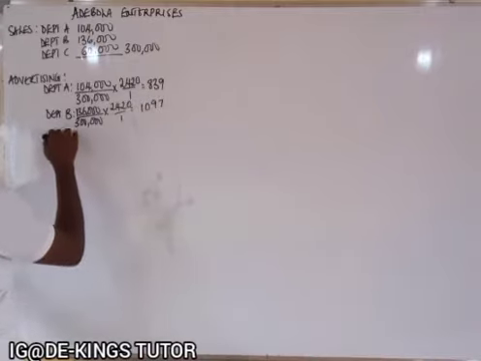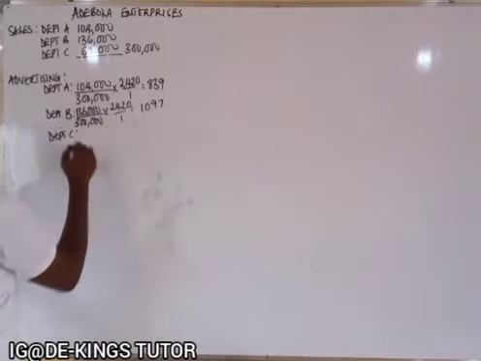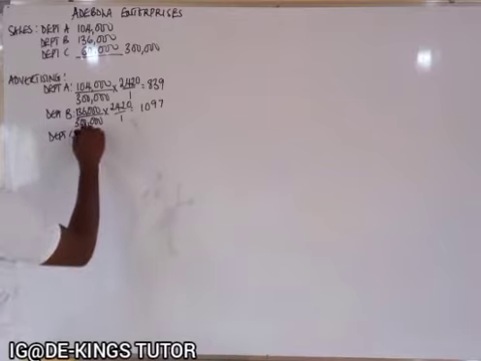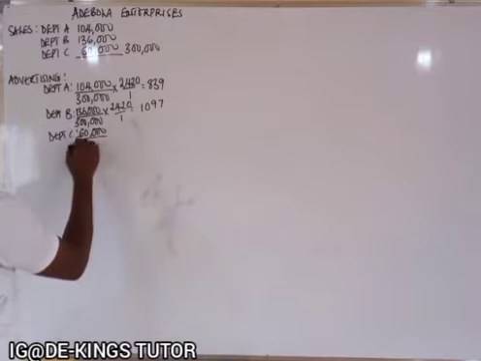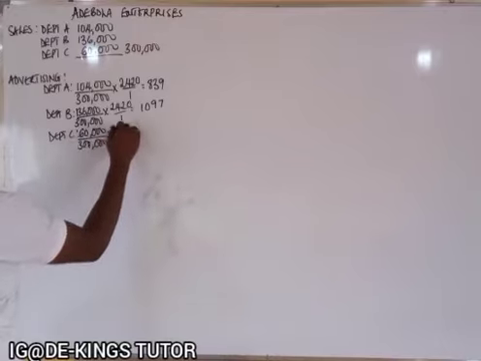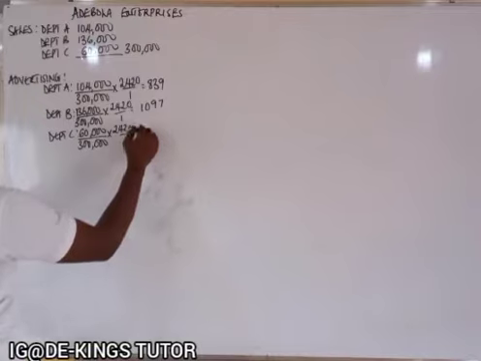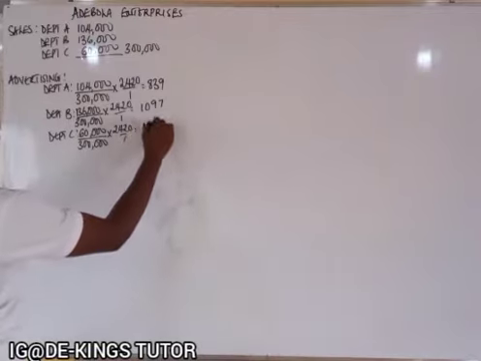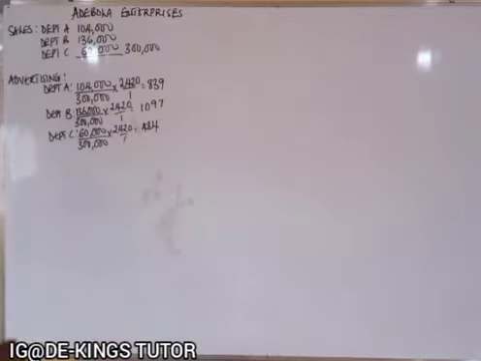And Department C will have 60,000 divided by 300,000 times 2,420 over 1. If we do this also, we have 484. Okay, so that's the first one.